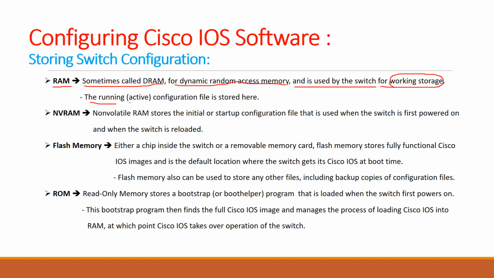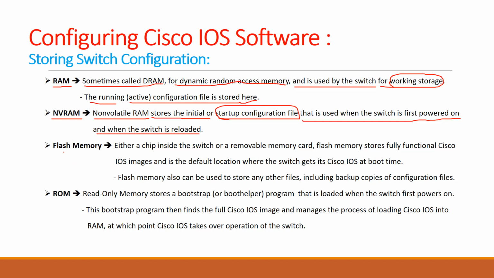The running or active configuration file is stored here. The second type of memory is the NVRAM, or non-volatile RAM. It stores the initial or startup configuration file that is used when the switch is first powered on and when the switch is reloaded.